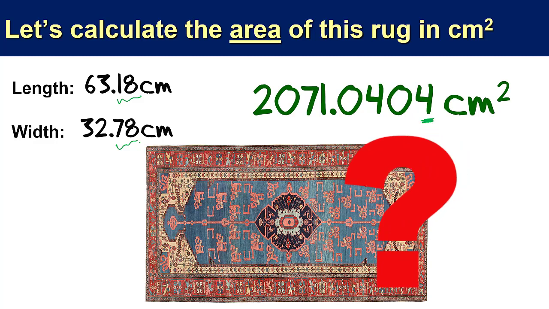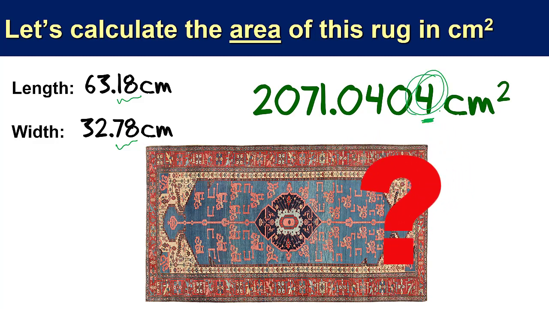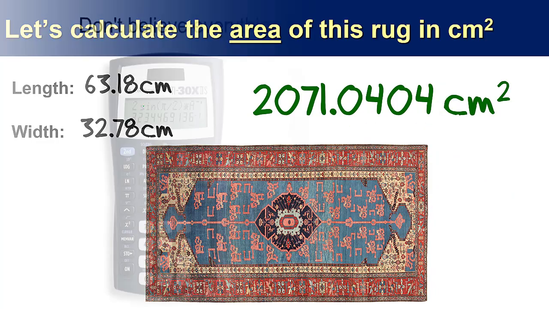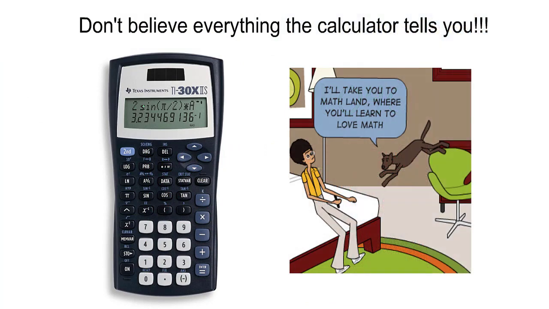How can I get an answer that goes out to the 10,000th place when the numbers only had measurement and mathematical precision out to the 100th place? That is a virtual impossibility, because you can't get an answer that is technically better than the measurements that went into it. And so, do not ever believe anything the calculator tells you.